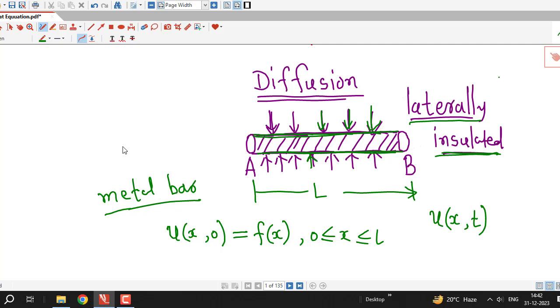Suppose this bar is heated, and after some time t and at some position x we are interested in the distribution of temperature.